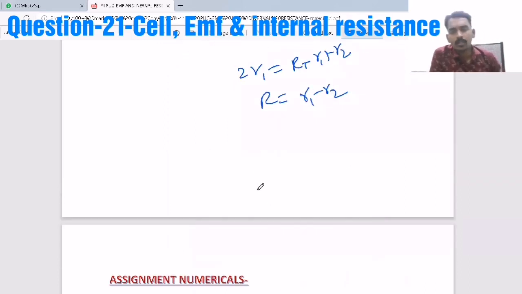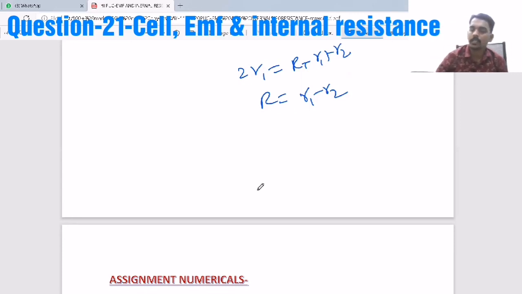So according to the given condition, if you take the equation and solve it, you will get the answer. So this is how you can solve the questions related to cell EMF, internal resistance, the potential difference across the terminals of a cell, and how we can connect them in series and parallel and all the conditions. So what is the effective EMF in series and parallel connection, and mixed grouping like series and parallel combination together.